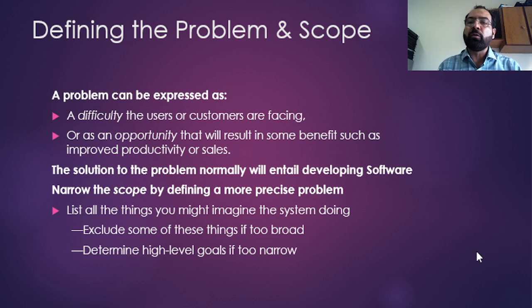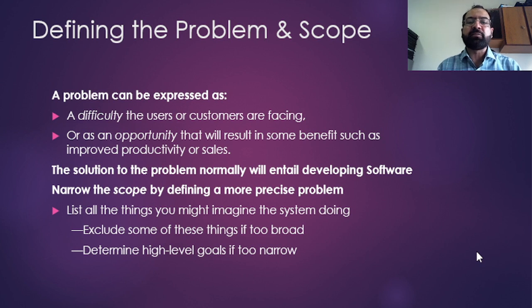Either we go for a scope which is unlimited, or sometimes we define a problem in a vague or ambiguous manner. So problem definition has to be very clear. The problem statement should be clear, and obviously the scope should be well defined, where we exactly know that this is what we want to do with this project and application.